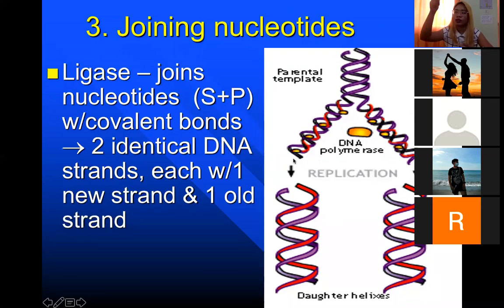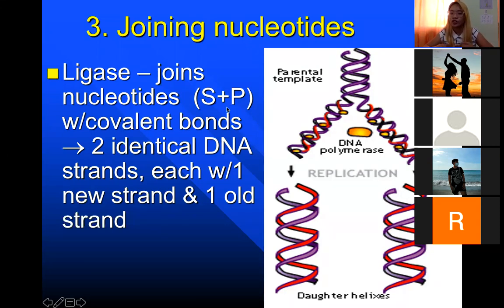So, ibig sabihin, yung isang strand, wala pa siyang backbone, wala pa siyang sugar, at saka wala pa siyang phosphate. So, yun naman yung trabaho nitong tinatawag nating ligase. The ligase will now attach the sugar and the phosphate doon sa mga nitrogenous bases na naidagdag.